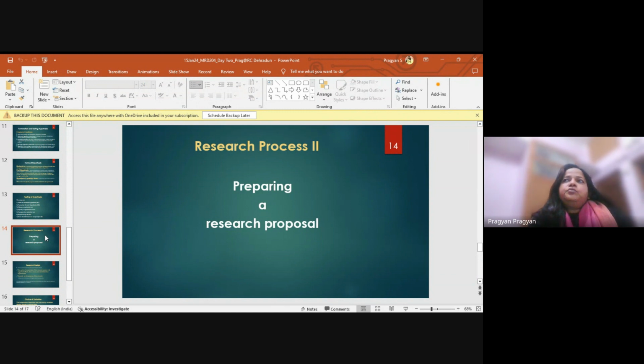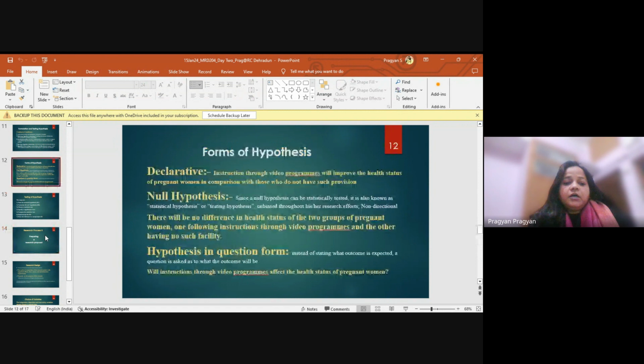Rather, it is a very good practice if you go through the hypothesis in question form, because in that case there is an equal possibility of getting the answer in assertive terms or in negative terms. Like, will instructions through video programs affect the health status of pregnant women?